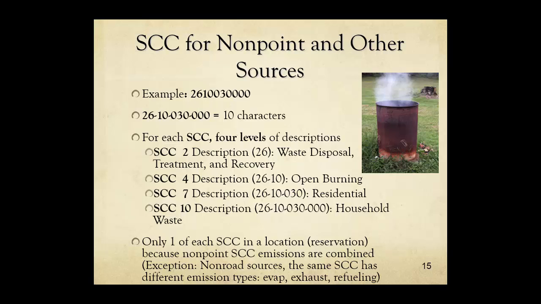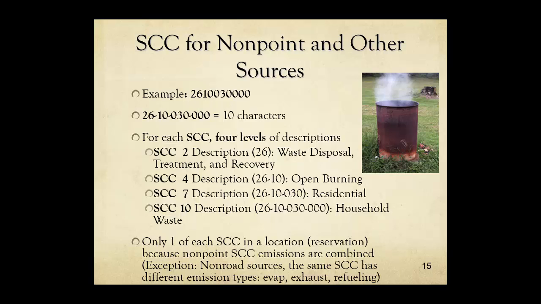So since these sources are inventoried for an entire area, by non-point source definition, then you couldn't have duplicate non-point sources in the same inventory. So you might have catalytic wood stove sources in your inventory, but that would have to include all of the catalytic wood stoves in your area.